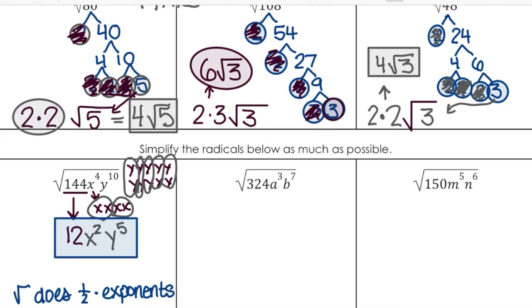Now, 324 is kind of a big number, so I'm going to divide it by 4 first. It's 4 times 81, and then 4 is 2 times 2, and 81 is 9 times 9, which means I can put a 2 outside and a 9 outside.